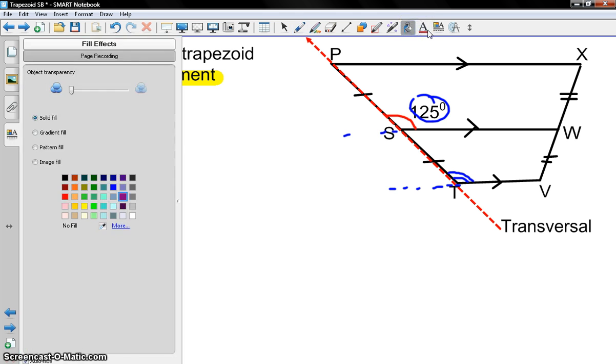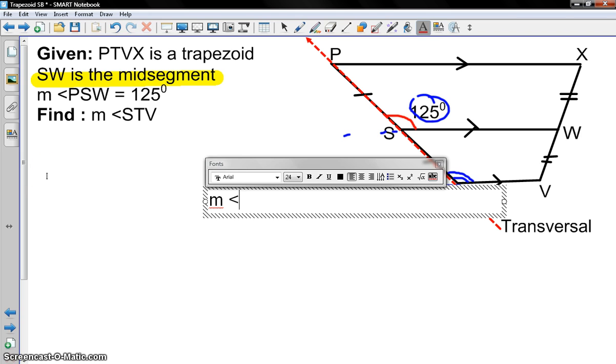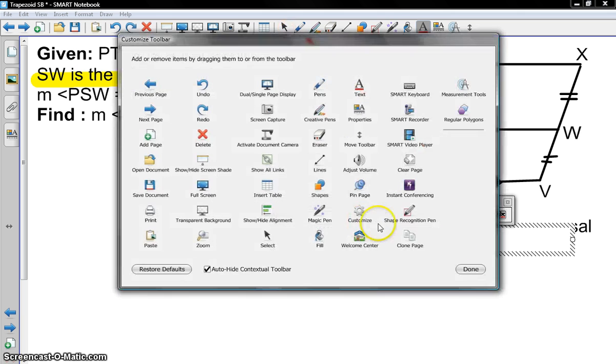I'm going to say that the measure of angle PSW equals the measure of angle STV, and they're going to equal 125 degrees. And I need to have an explanation. So my explanation is going to be those angles are corresponding angles. And that's going to be my answer.